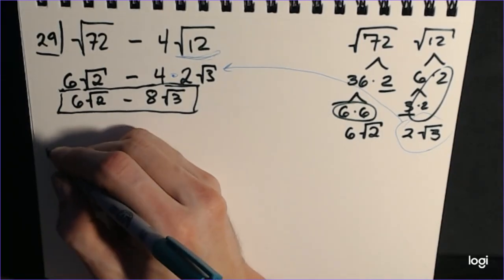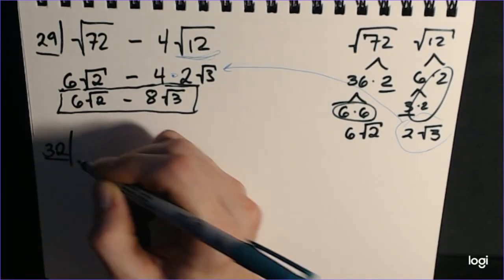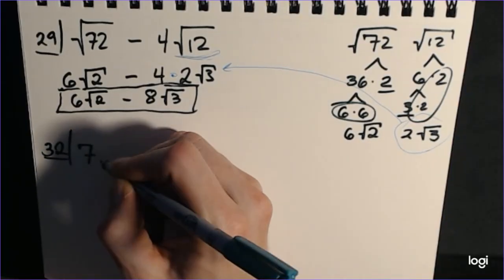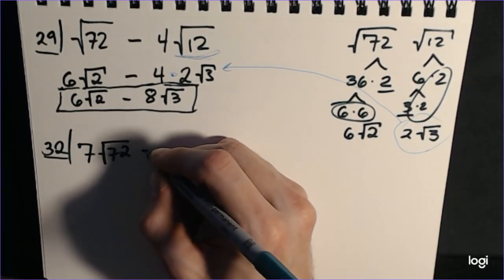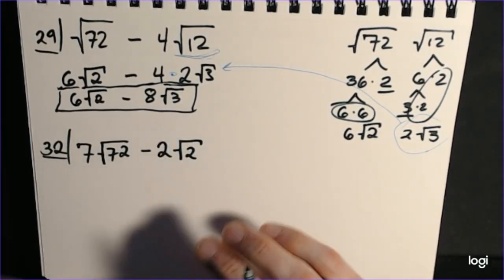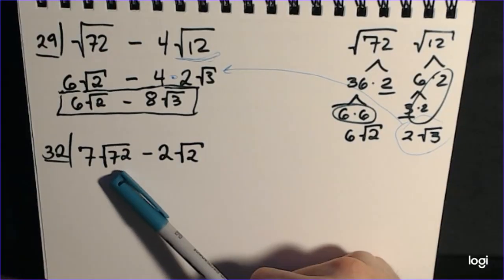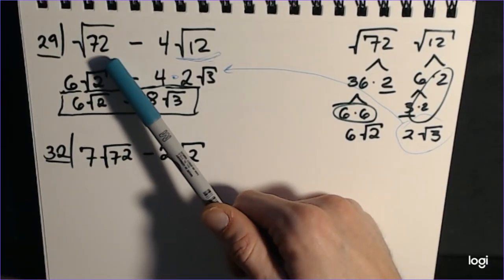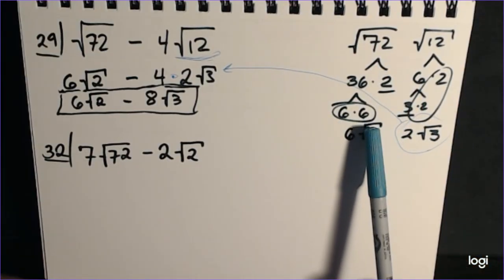Let's look at problem number 32. This is 7 times the square root of 72 minus 2 times the square root of 2. Now again, if we see this pattern, we just broke down the square root of 72. We have it right here. We've already done the work.